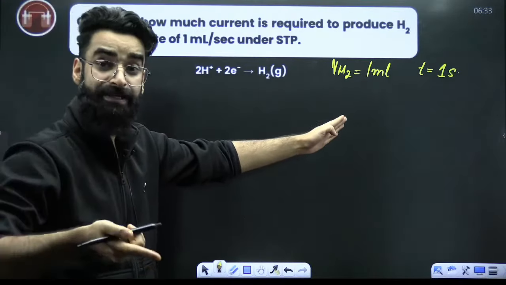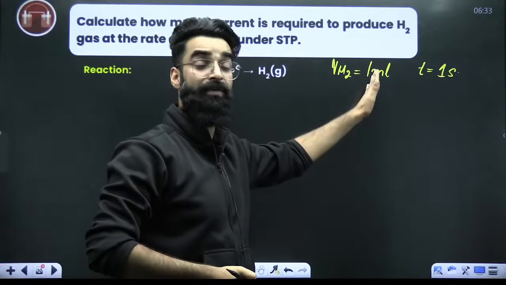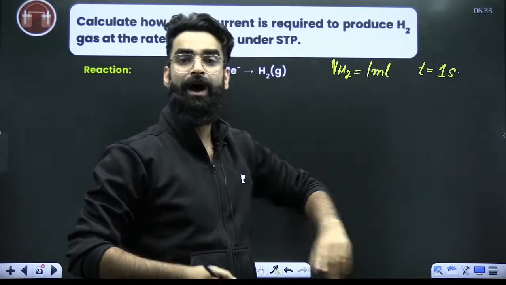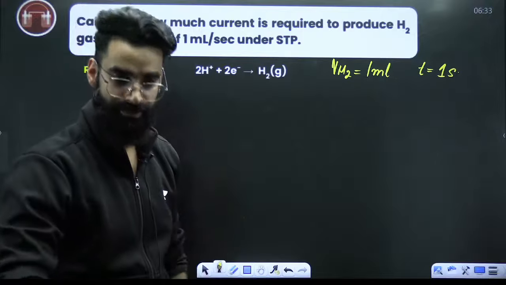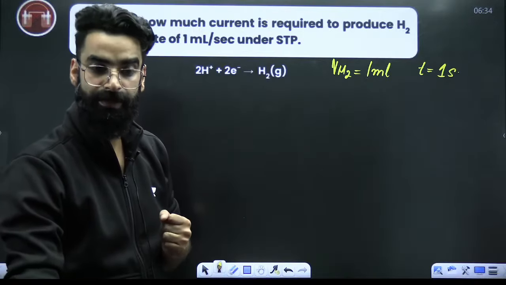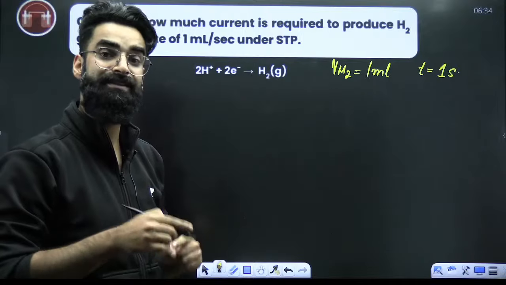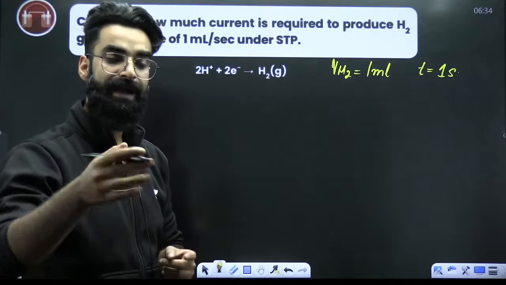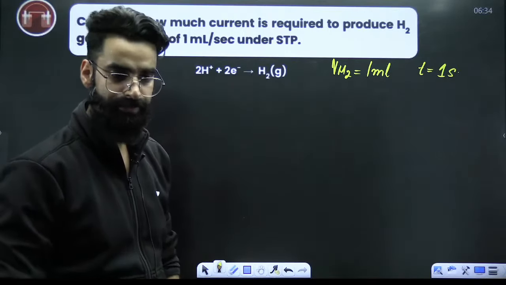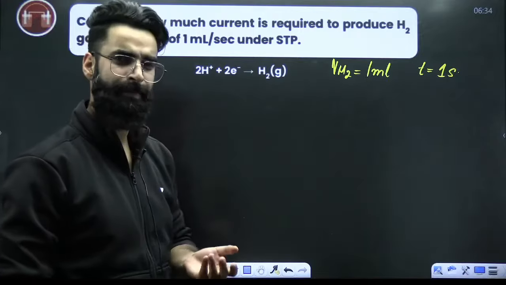In order to liberate 1 ml of H2 gas in 1 second, how much current should enter the solution? That's something which you're supposed to calculate, at STP. There are many ways of solving this question.